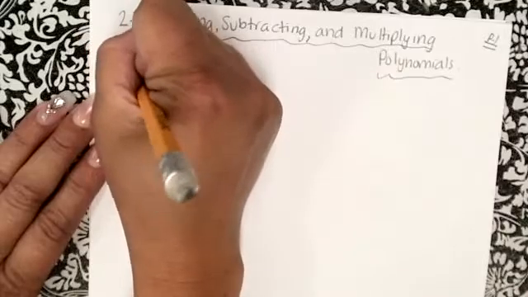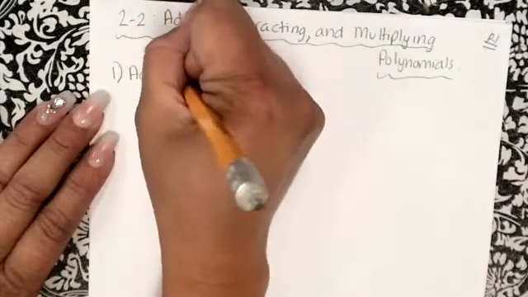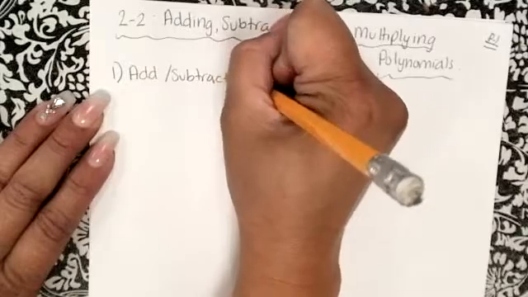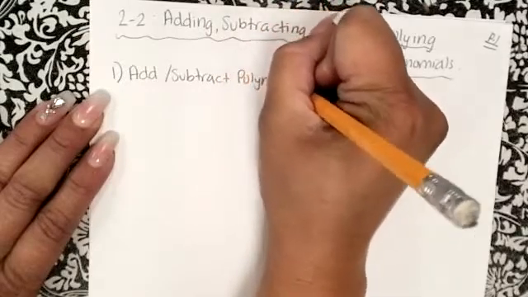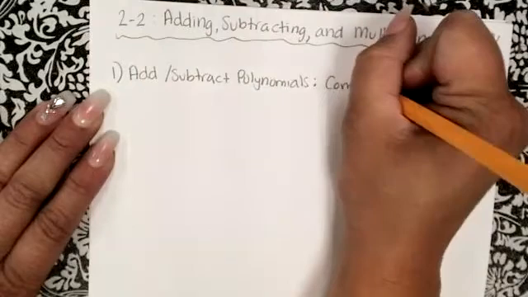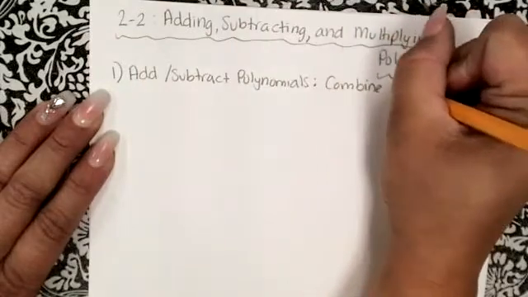When you are adding and subtracting polynomials, you combine like terms.